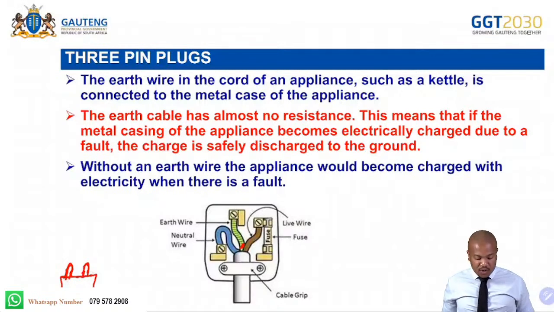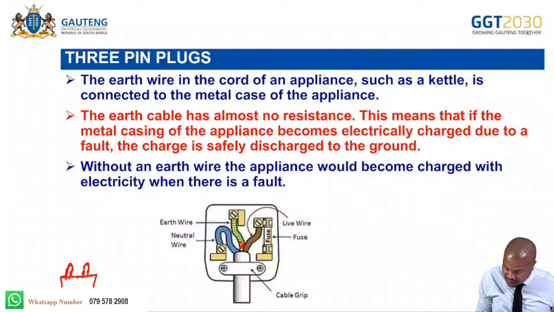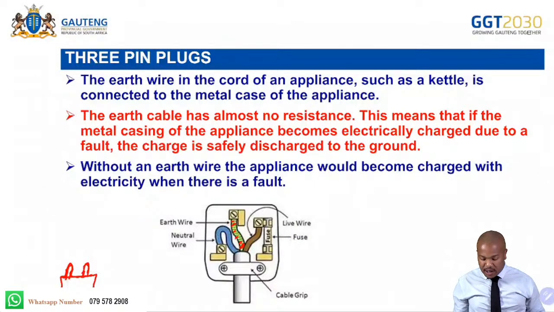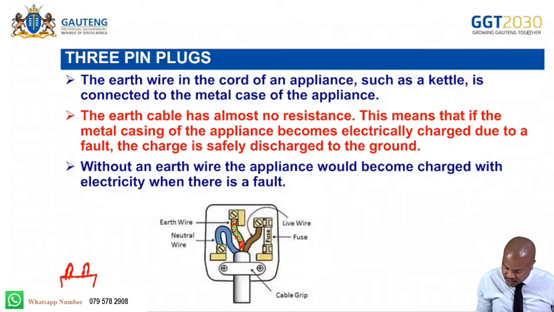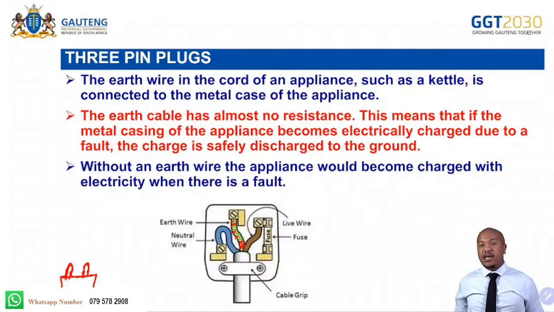This 3-pin plug provides safety with this earth wire, which discharges the electric charge to the ground when there is a fault. Without an earth wire, the appliance will become charged with electricity when there is a fault, which can cause possible fires as well.